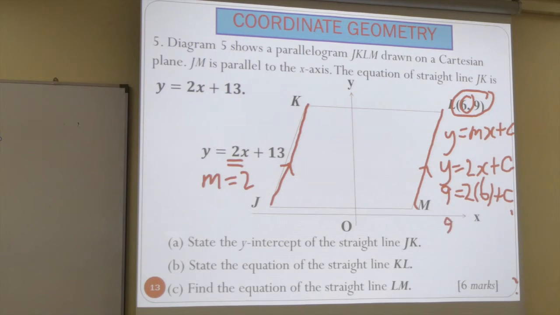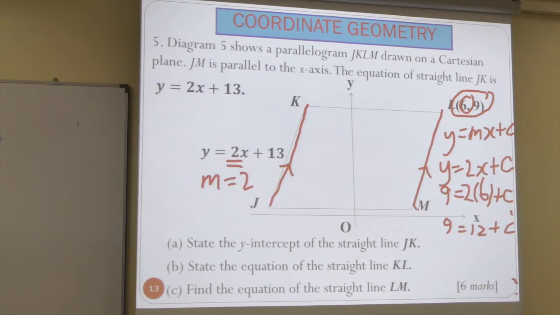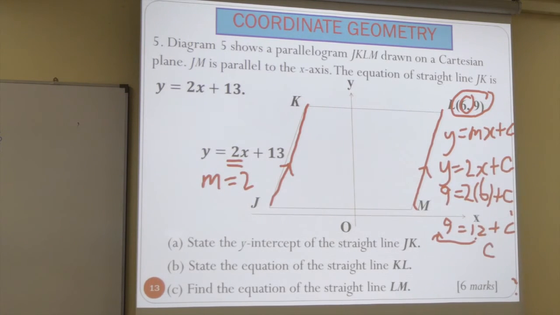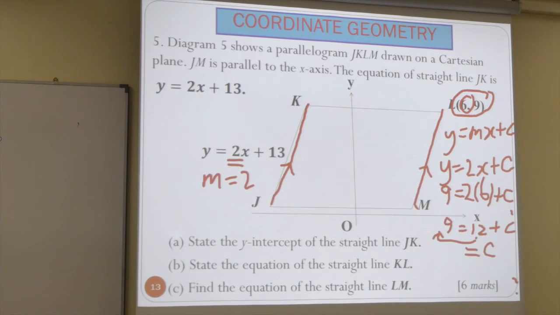So 2 times 6 is 12. Then bring the 12 over to the other side. So c equals what? 9 minus 12. And your c is negative 3.